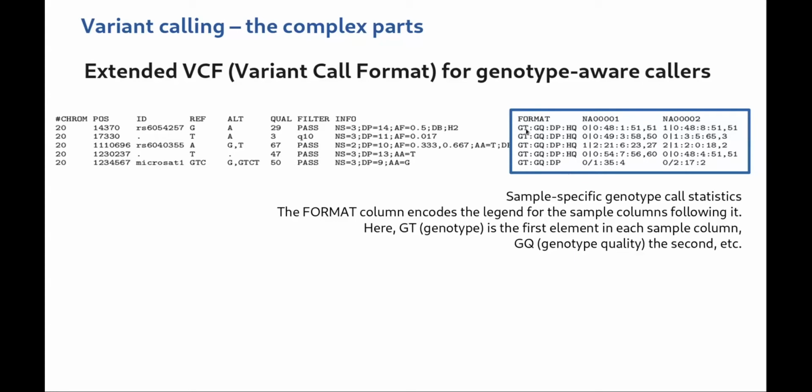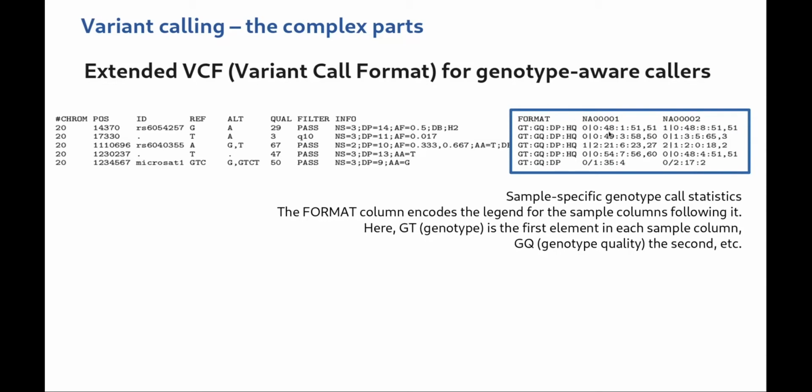There's a couple of keys that are standard, like GT, genotype, GQ, genotype quality, and so on. Those genotype call statistics are always sample specific. So if you have multiple samples in your analysis, you would have multiple columns, one for each of your samples, following the format column.